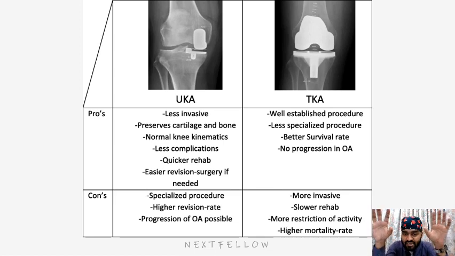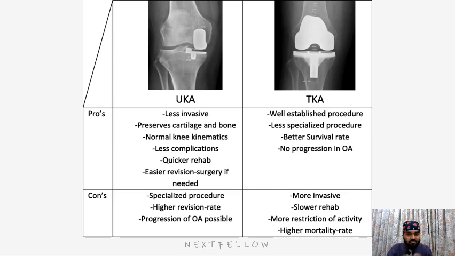Now, as it is less invasive, you should understand that the complications or the soft tissue damage will be less. There will be a quicker rehab for the patient as there is less soft tissue destruction as well as soft tissue damage. A unicondylar knee arthroplasty can be gone ahead and changed into a total knee arthroplasty. Now, these are the pros of a unicondylar knee arthroplasty. We come to the cons.